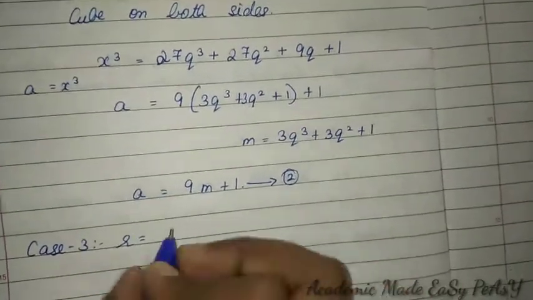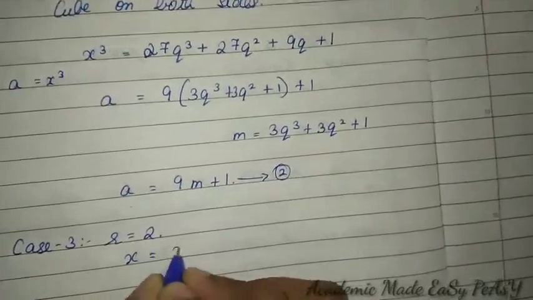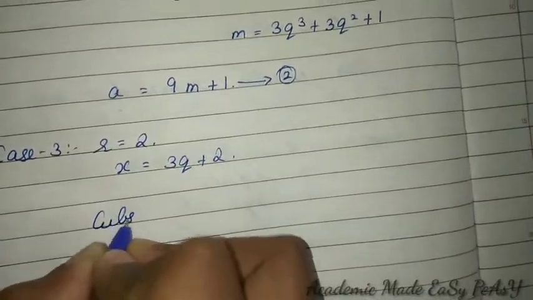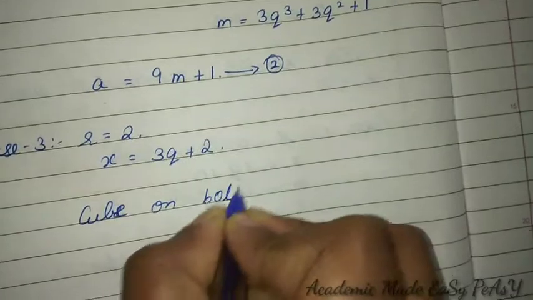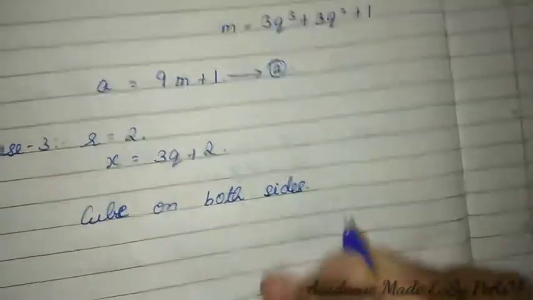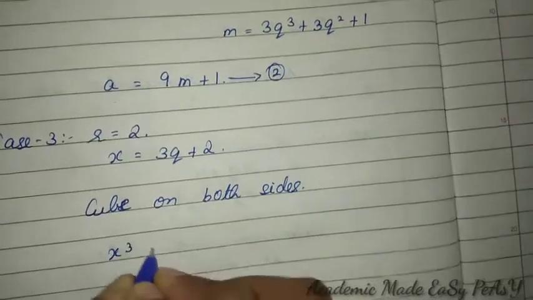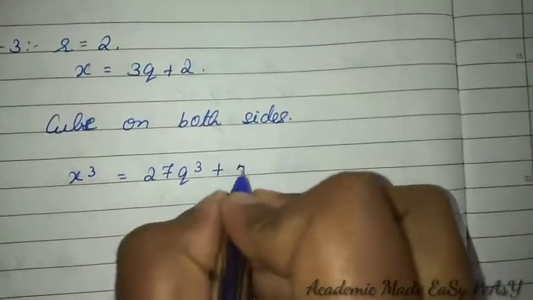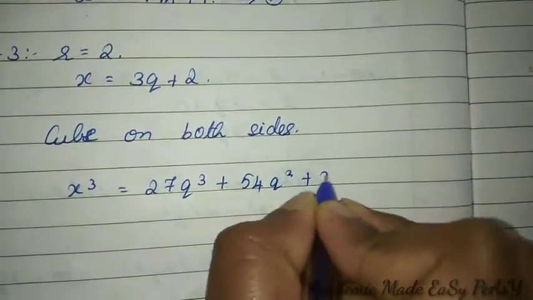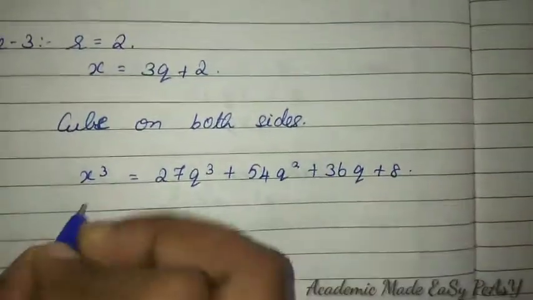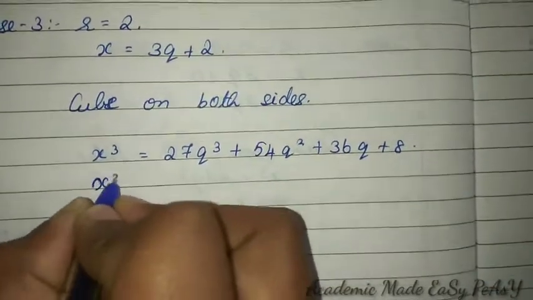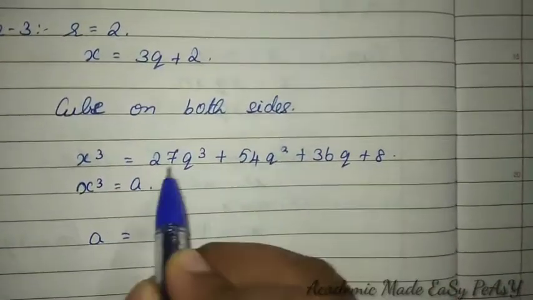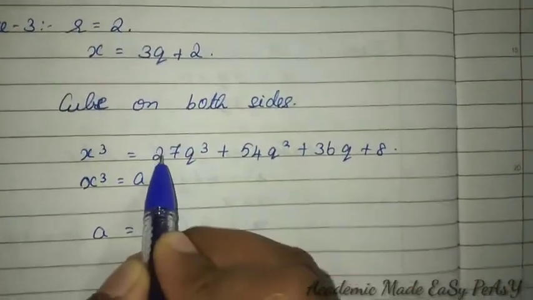Now case 3. r is equal to 2, so x is equal to 3q plus 2, and then cube on both sides. So x cube is equal to 27q cube plus 54q square plus 36q plus 8. I'm writing x cube is equal to a, and here I have 9 common, so I will take 9.